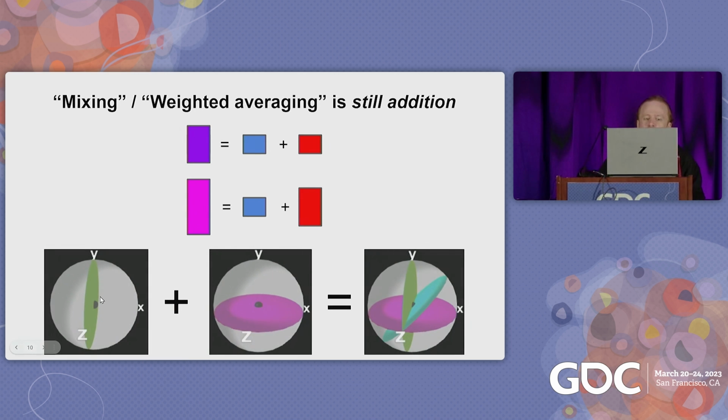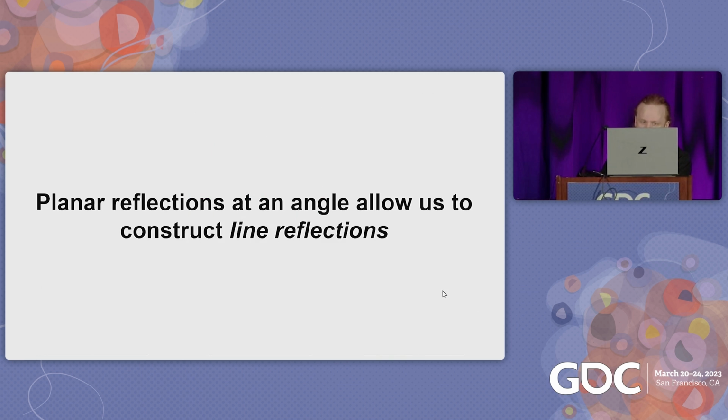If you add two planes together, by which I mean adding the X part and the X part, the Y part and the Y part, the Z part and the Z part, and the D part and the D part, if these two planes have amounts that are equal to one another, then you'll get a plane that's directly in between them. All right. Planar reflections at an angle allow us to construct line reflections.